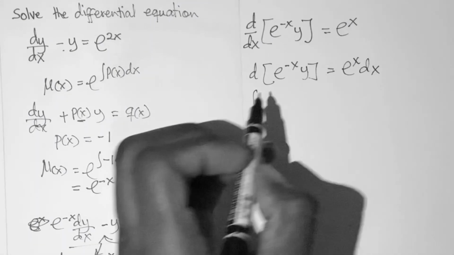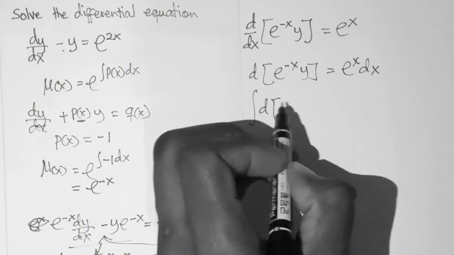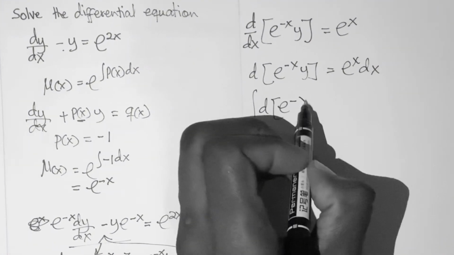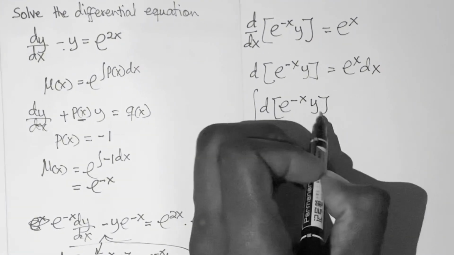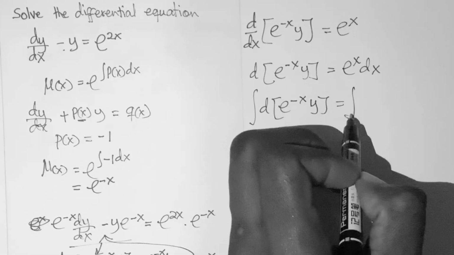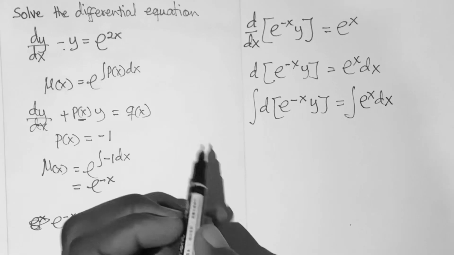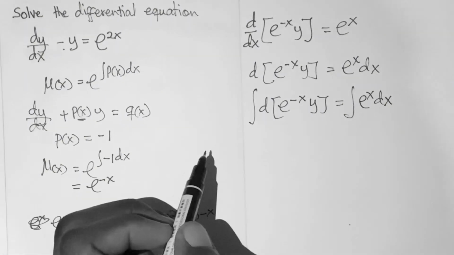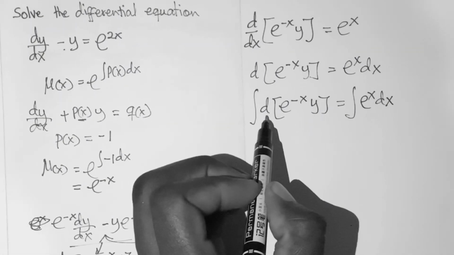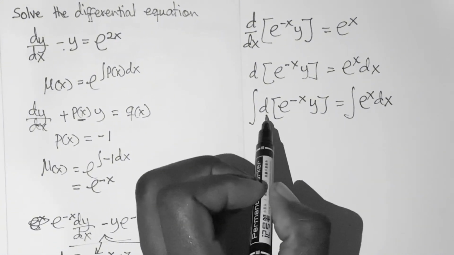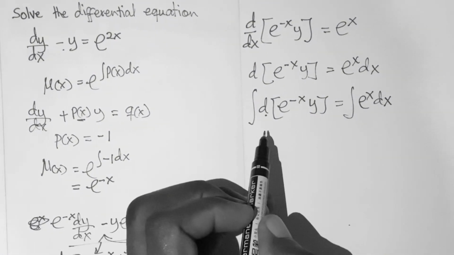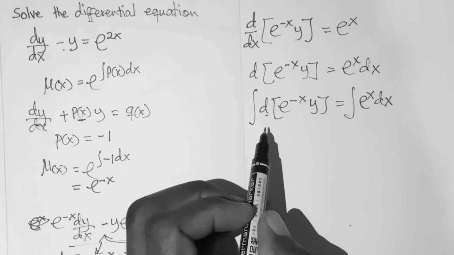So we can integrate now. The integral of d(e^(-x)y) equals the integral of e^x dx. Here is an integral of a differential. That takes us back to the fundamental theorem of calculus.